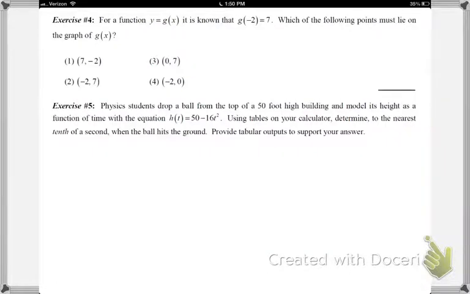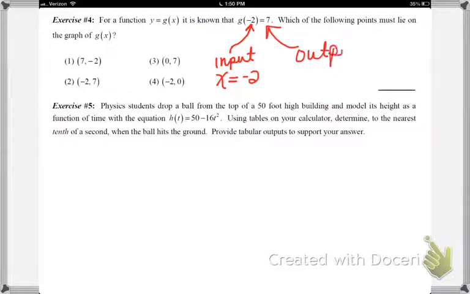For a function y is equal to g at x, it is known that g at -2 is equal to 7. Which of the following points must lie on the graph of g at x? Remember, that is your input value. So that is your x value, -2.